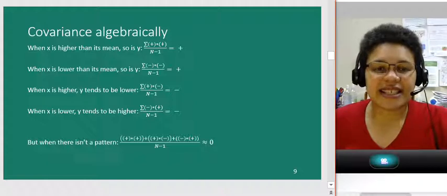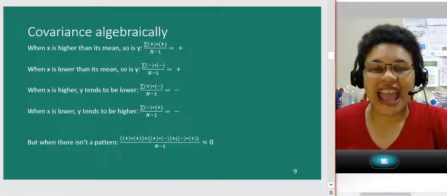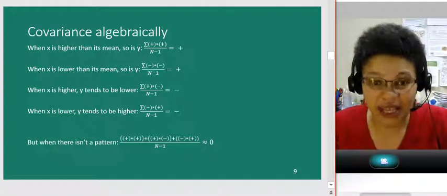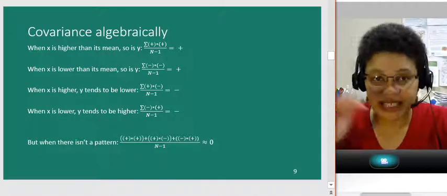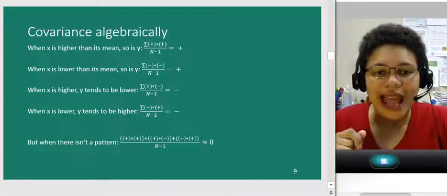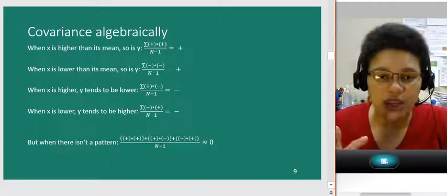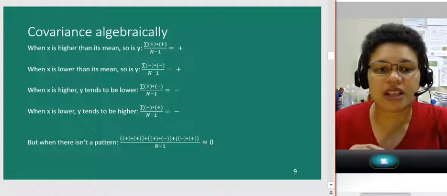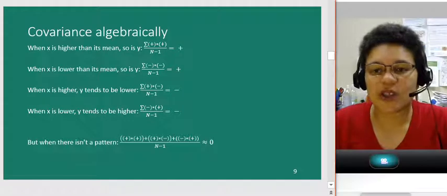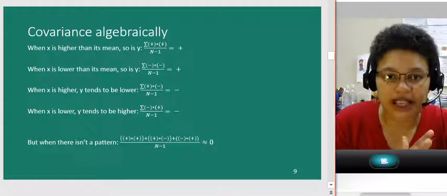When X is higher than its mean, Y also tends to be higher than its mean, then we have that positive correlation that we saw on the graph. Okay? When X is lower than its mean and Y also tends to be lower than its mean, again, we have this positive correlation.